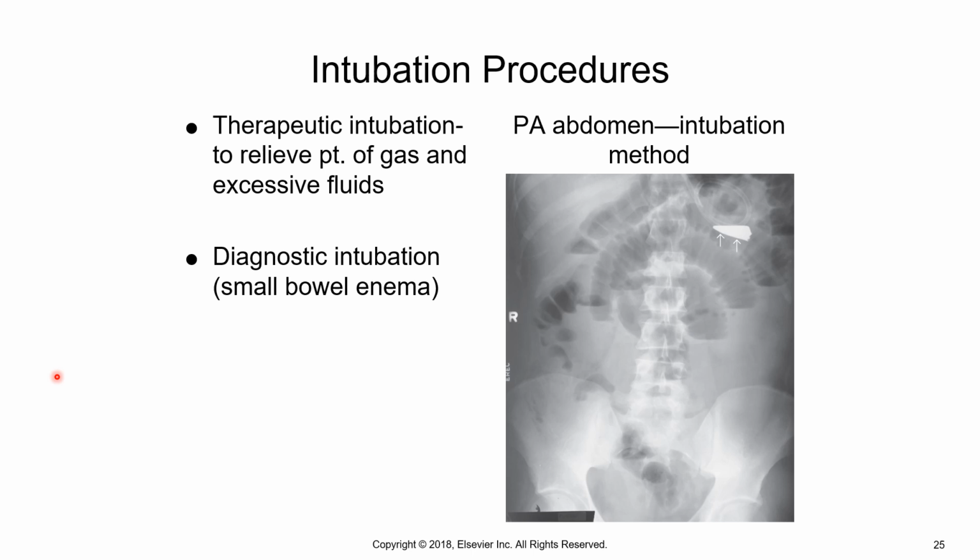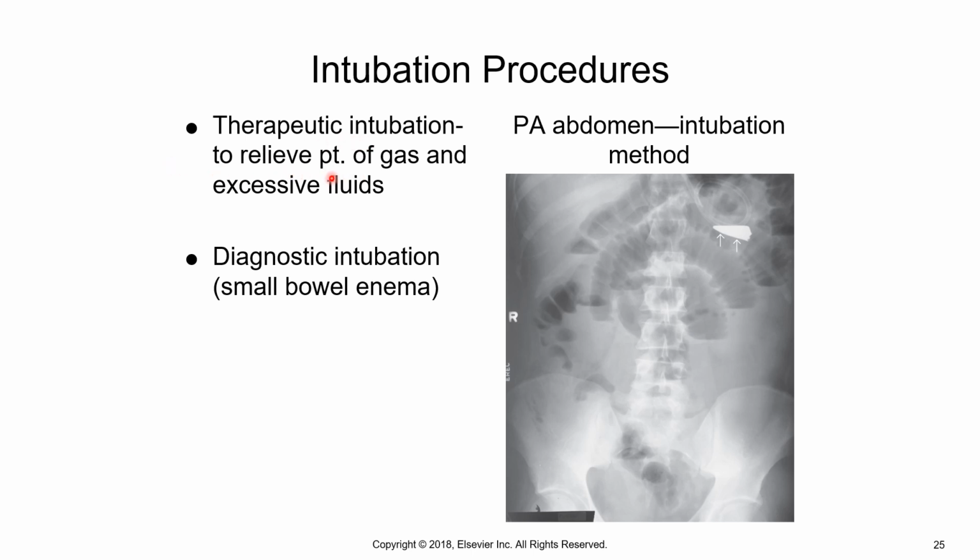There's also what's called an intubation method, referenced on page 511. There are two types of intubation procedures. There is a therapeutic intubation, which is typically done to decompress the small bowel.